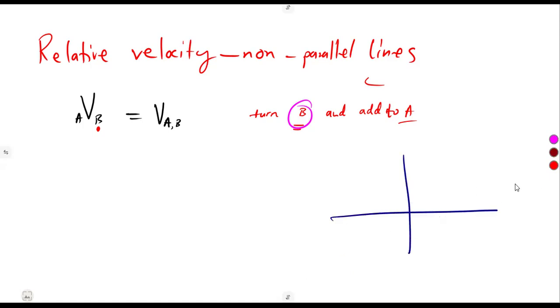Originally, this was our A, and this is our B. In between A and B, there is an angle of 60 degrees. We want to turn B.